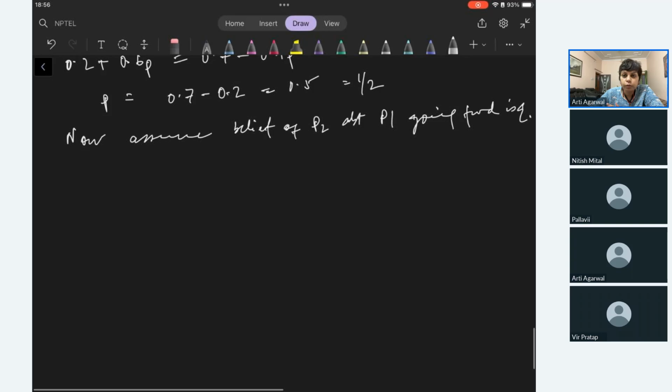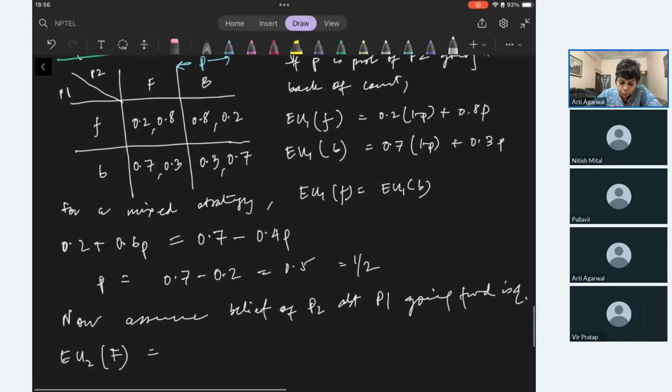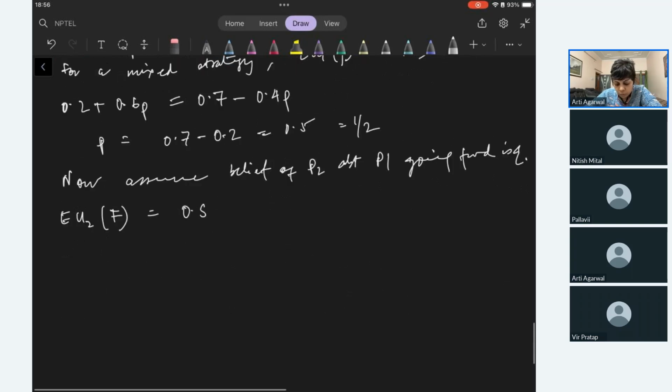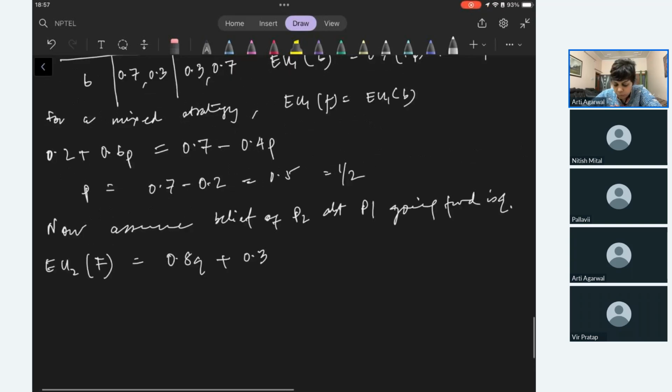Then we will do the same thing. We'll calculate the expected payoffs of P2 in both the scenarios. So let's say EU2 for going forward is what? 0.8 into Q plus 0.3 into 1 minus Q, right?